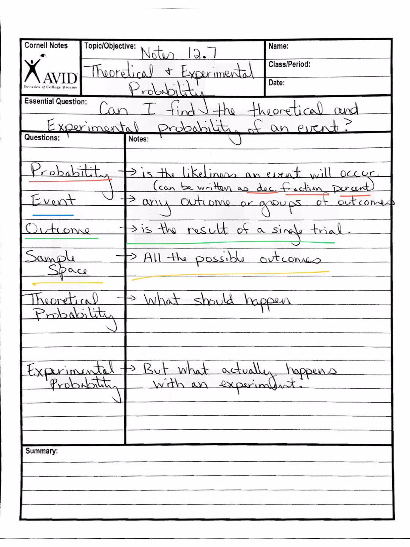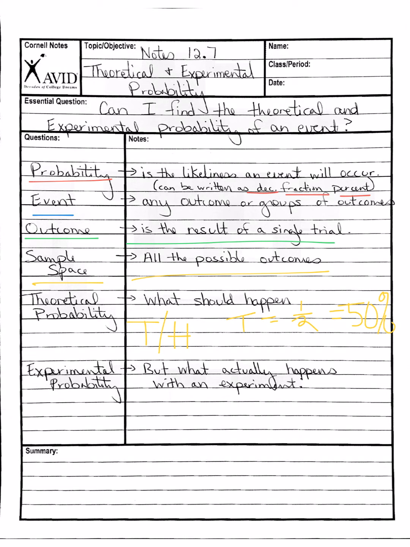So what should happen? Let's think about flipping a coin. If we had a coin, let's say we had a quarter, we know that one side of that quarter is tails and one side of that quarter is heads. So what should happen is 50% of the time, 1/2, because 1/2 of the coin is actually tails.